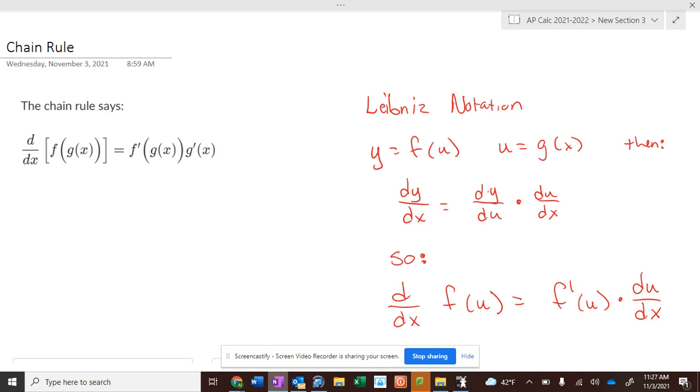You guys haven't seen much of this notation yet, so we'll get to that, and I'll show you how we get through that. So the first derivative of a function of u is the first derivative of the function with respect to u times du/dx.